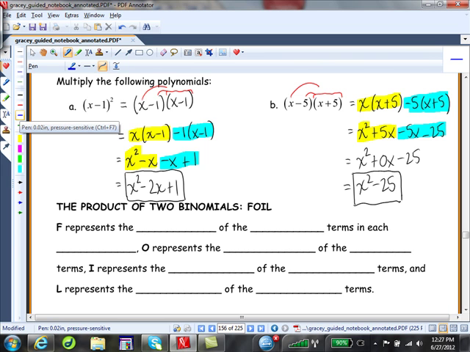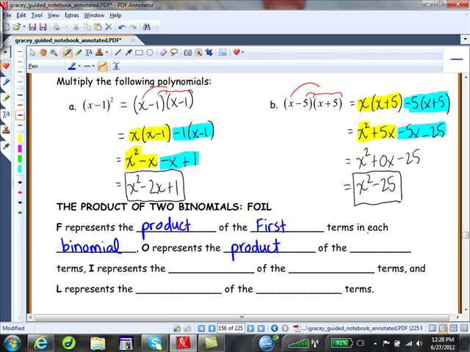The product of two binomials using the FOIL method. F represents the product of the first terms in each binomial. O represents the product of the outside terms.